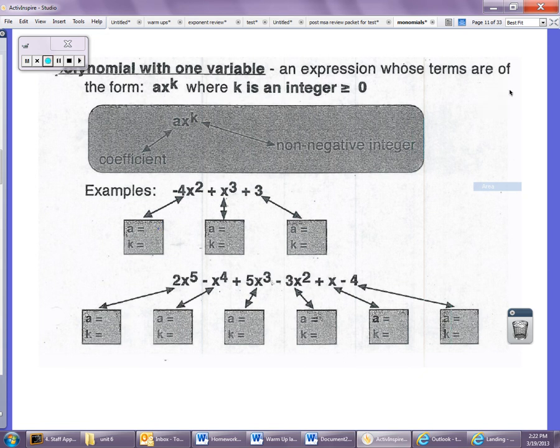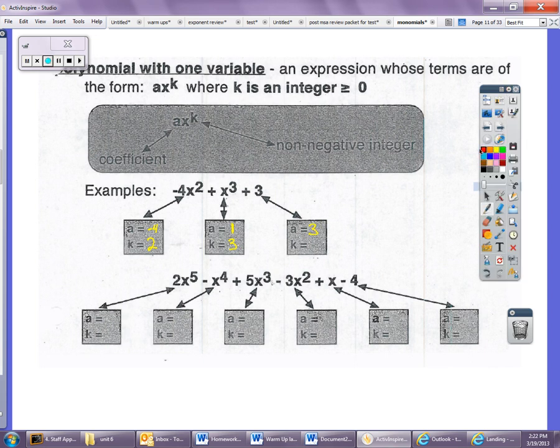Well, a is our coefficient, so a is negative 4. k is the exponent, which is 2. Next one, a, the coefficient, is 1. k is 3. And the last one, the coefficient is 3. Now if we think of this, this is really x to the 0 power, so k is going to be 0.